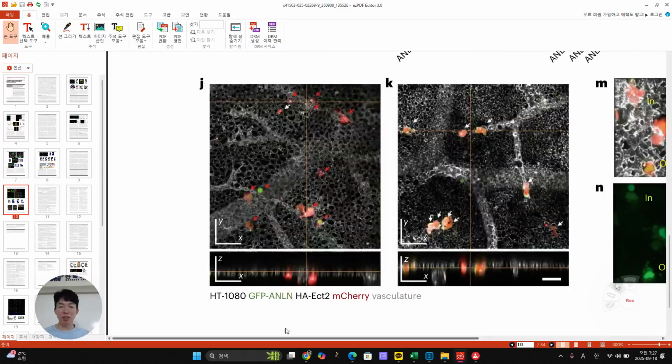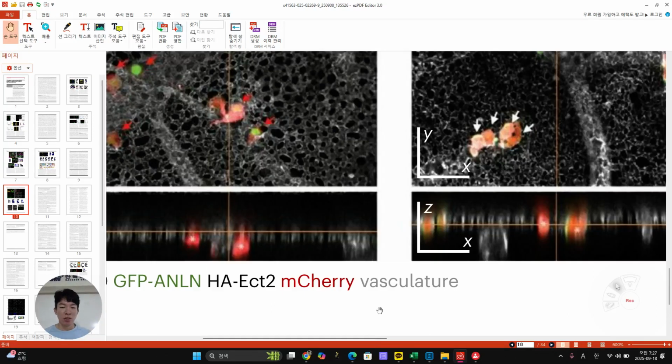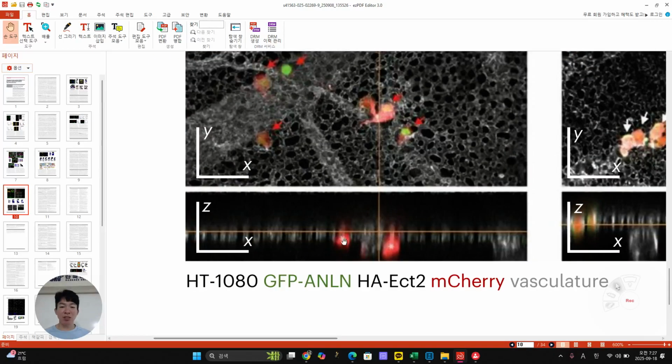So from the images, this J is like normal type, K is mutant type. This gray color is vasculature. Vasculature is just blood vessel, let's say, blood vessel in the egg. And you check these two cancer cells from the blood vessel, they're ready to go out, right?